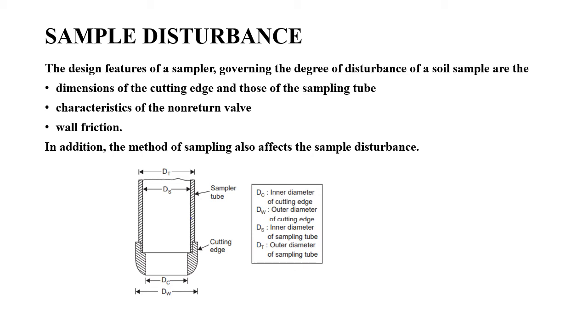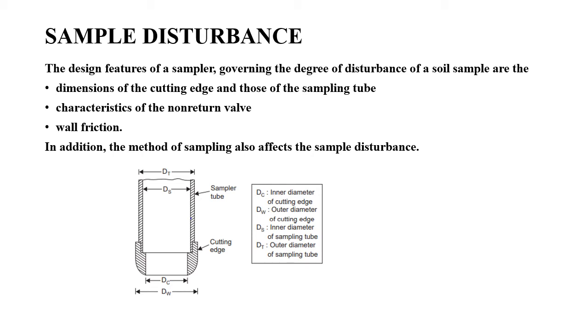So the main dimensions that decide the degree of disturbance are the inner and outer diameter of the sampler tube, which is represented as ds and dt, as well as the inner and outer diameter of this cutting edge, which is represented by dc and dw. So basically these dimensions to some extent decide the degree of disturbance caused to the soil sample collected into the sampling tube.